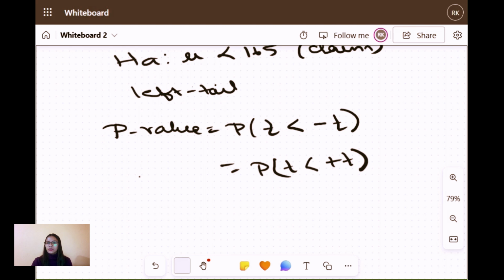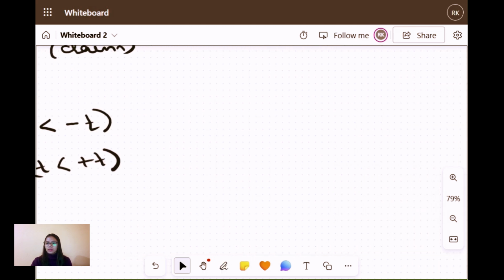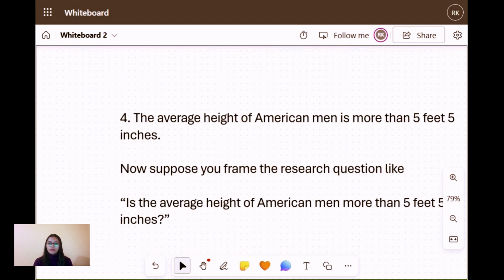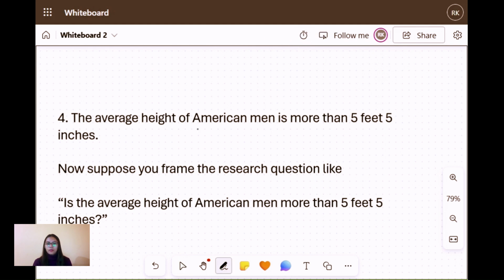Our next scenario, the fourth, is: the average height of American men is more than 5 feet 5 inches. Our belief is that the average height of American men is more than 5 feet 5 inches, meaning American men are taller than Indian men. Suppose you frame the research question like this: is the average height of American men more than 5 feet 5 inches?